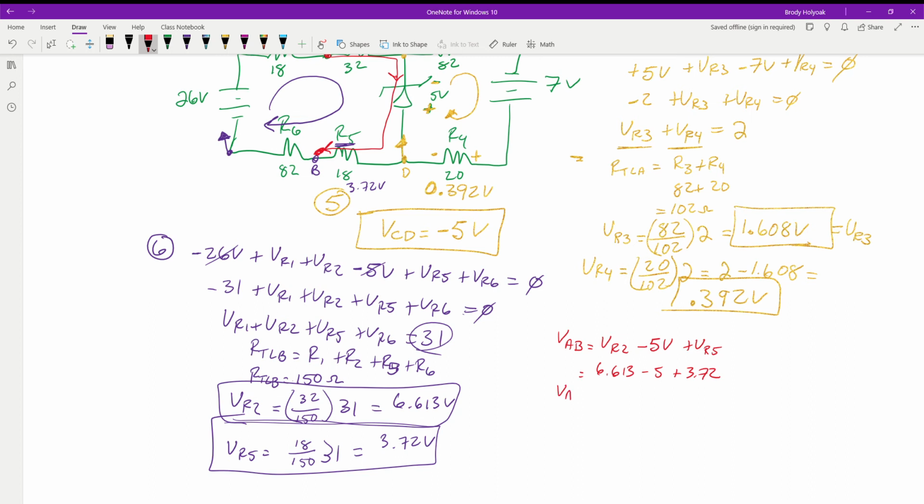And our final VAB comes out to be 5.333 volts.